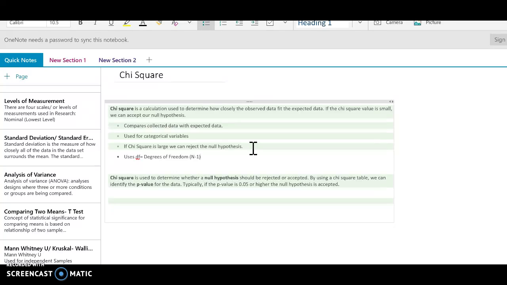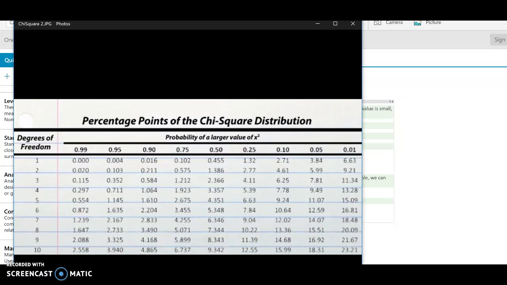You will then locate your chi-square distribution table, which you can find pretty much online or anywhere. And I am going to show you an example. But using your degrees of freedom, you will locate the p-value you're interested in using for your process. And generally, as you always know, we go for the 0.05.